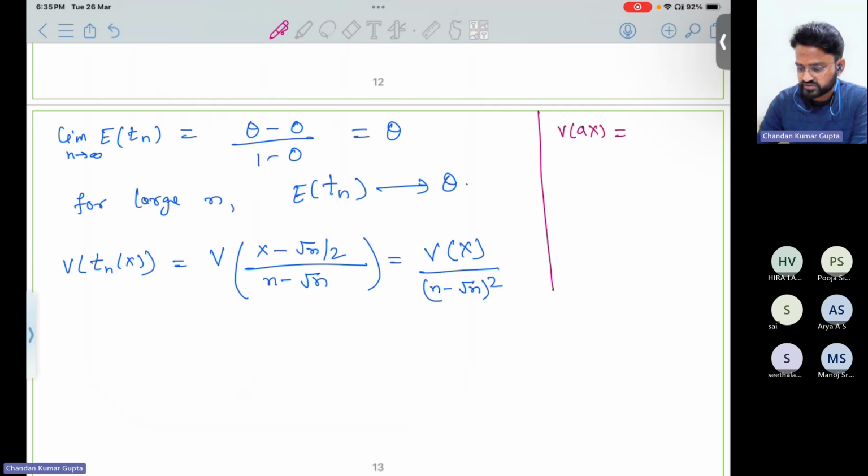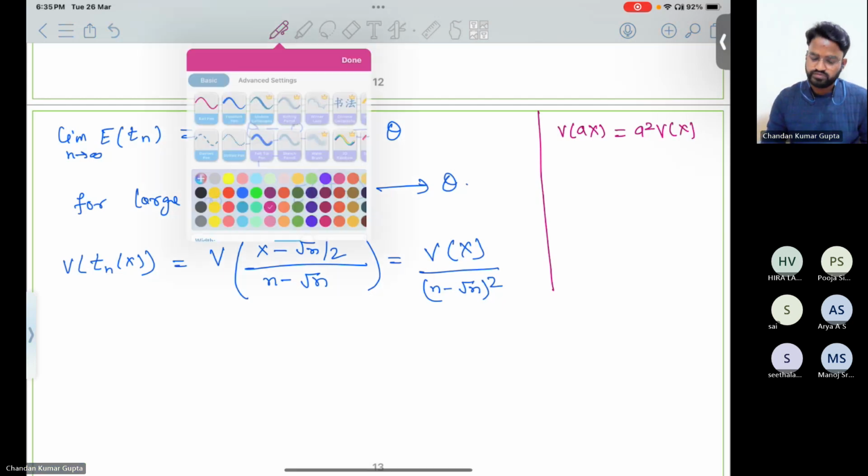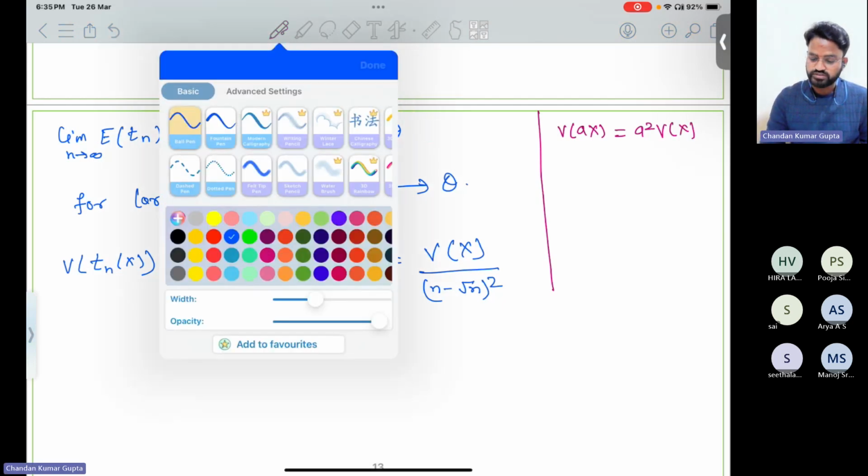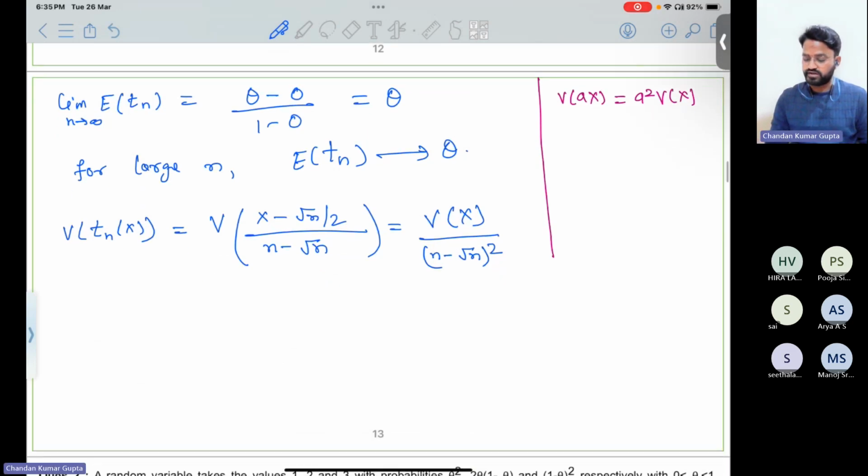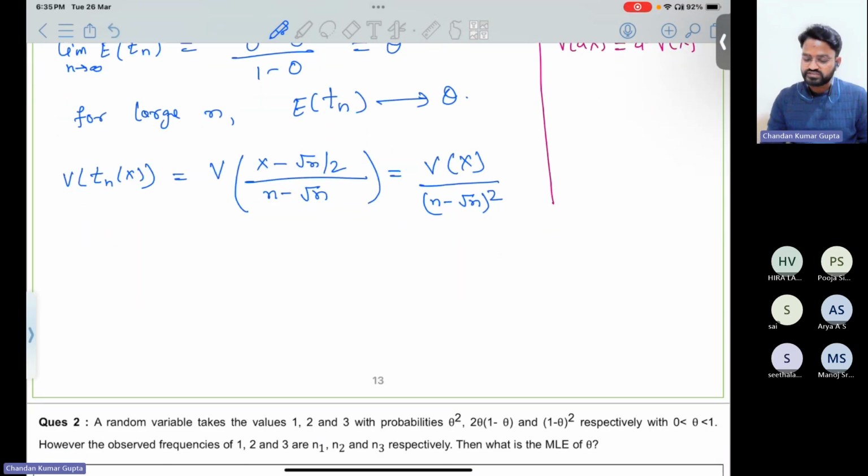Variance of ax equals a square variance of x. Okay, so using the same rule, and the variance of x is n theta 1 minus theta, n theta 1 minus theta divided upon n minus root n whole square.